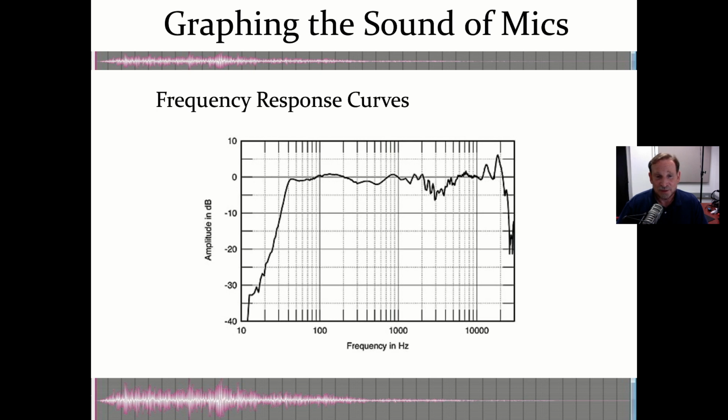So that could be problematic and means it may not be great for voices, but may be really good for lower frequency instruments, let's say like an acoustic bass or something. So that's one of the ways that we think about these frequency response curves. So you can always look at a microphone's specs and see what the polar response is. And keep in mind that polar responses can actually change across the frequency.